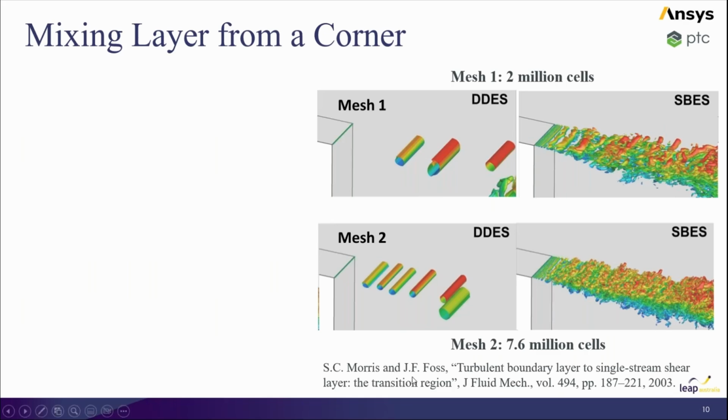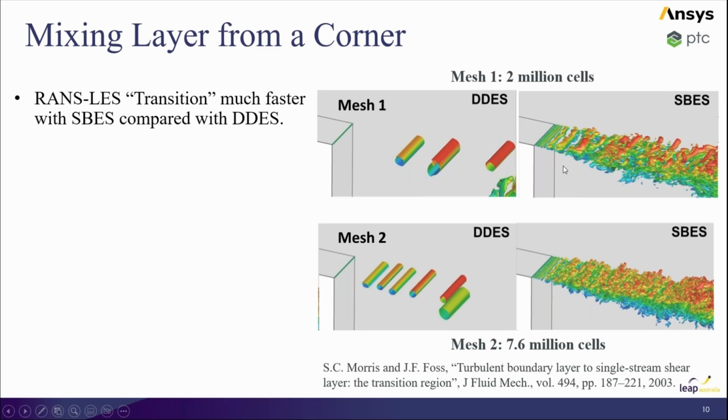Now, how do we know when something's working well here? So we've got a flow across a backward facing step, and we're going to look at the results for 2 million cells and 7.5 million cells. The first thing to note is this detached eddy simulation has not tripped into scale resolving mode.